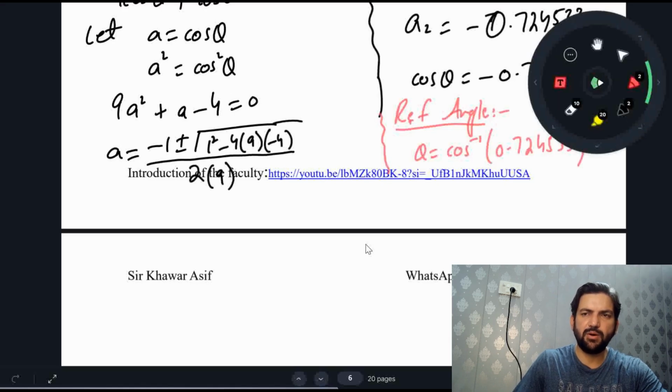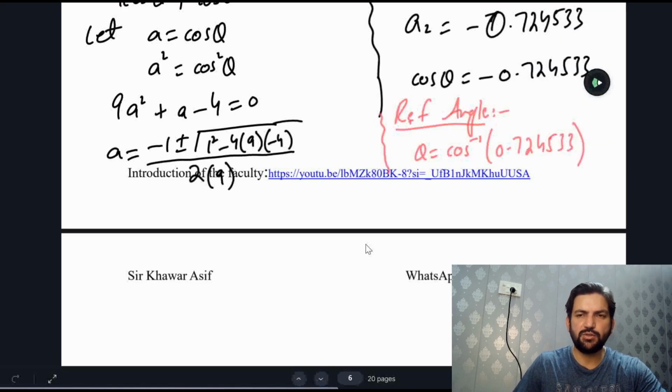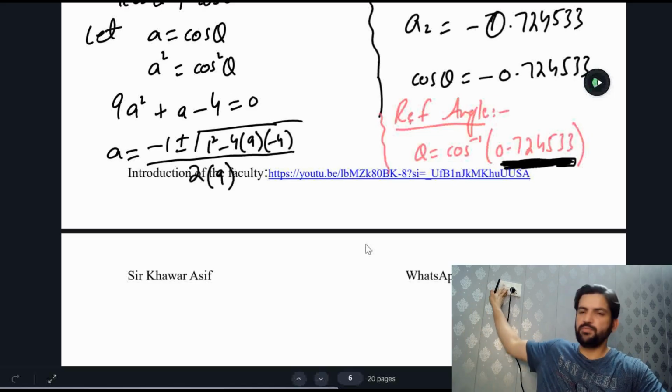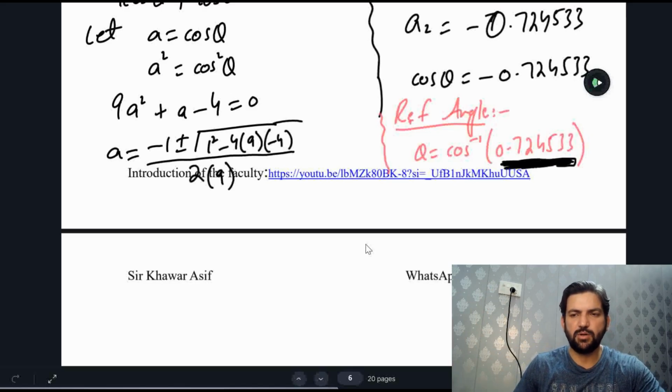Be very careful that your calculator should be in the degree mode first, and second, you have to take this value as a positive value, because it doesn't matter for the reference angle whether the value is positive or negative. I think it's clear.